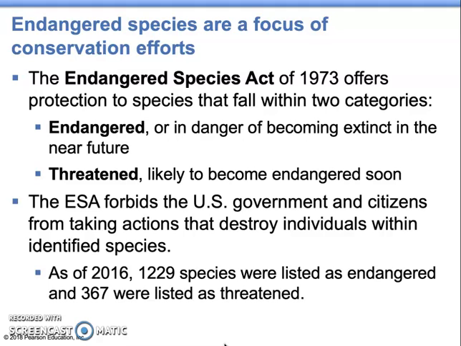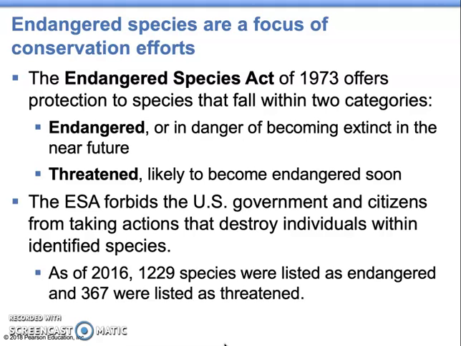Endangered is the more threatened category, more in danger of becoming extinct, whereas threatened is slightly less threatening; it is likely to become endangered soon. The ESA forbids the U.S. government and citizens from taking actions that destroy individuals within identified species. This is called a take.